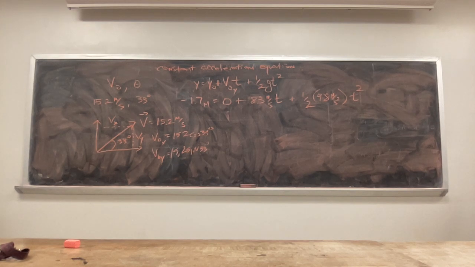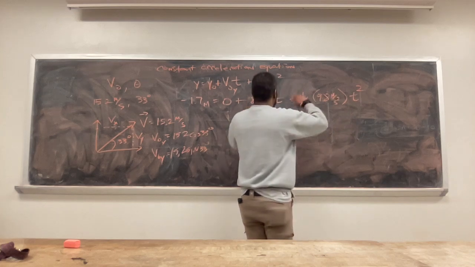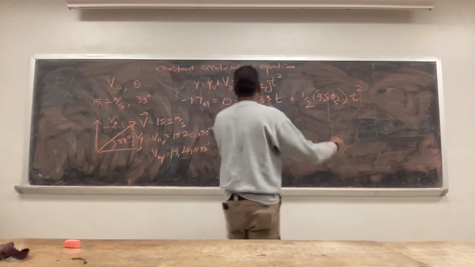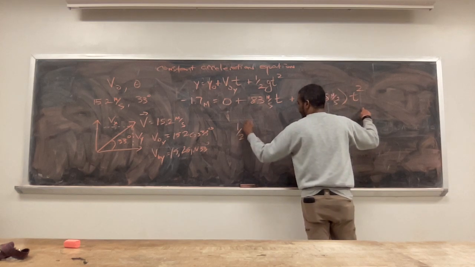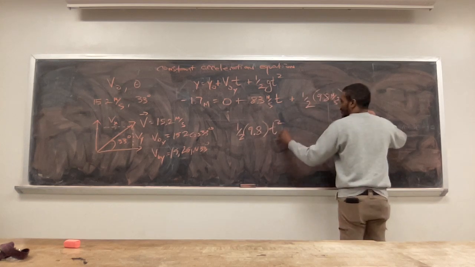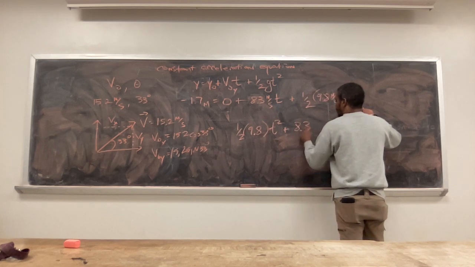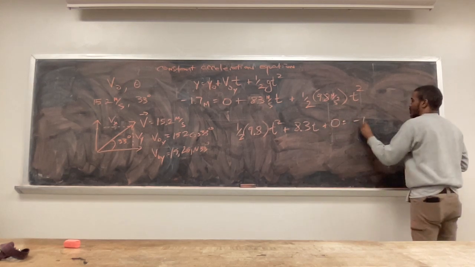So doesn't that mean you put the 1.7 on the other side? Yes, I need to write it from left to right so it can look like my quadratic equation. I didn't change any direction yet. Let's just write it from left to right. So it's going to be 1/2 9.8 t squared plus 8.3 t plus 0 equals minus 1.7.